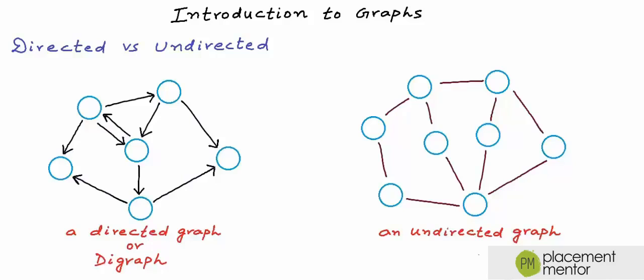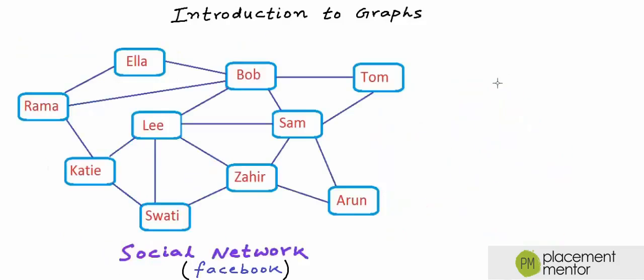Now, many real-world systems and problems can be modeled using a graph. Graphs can be used to represent any collection of objects having some kind of pairwise relationship. Let's have a look at some of the interesting examples. A social network like Facebook can be represented as an undirected graph.